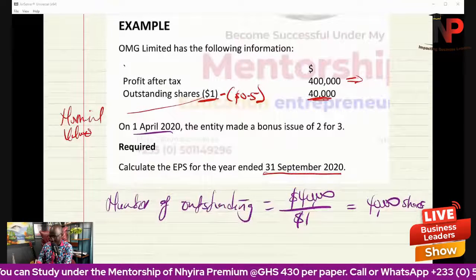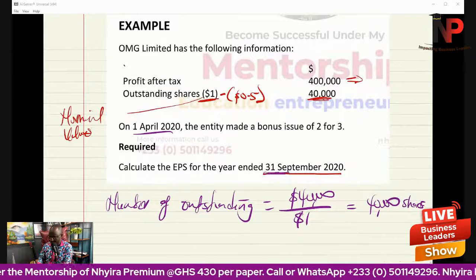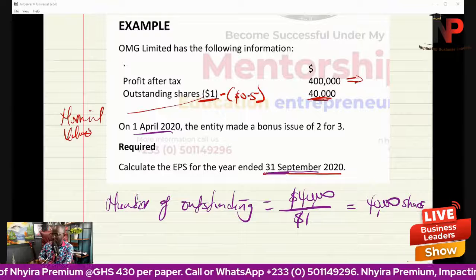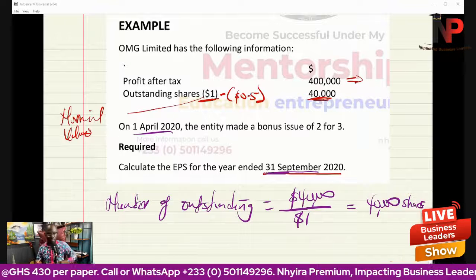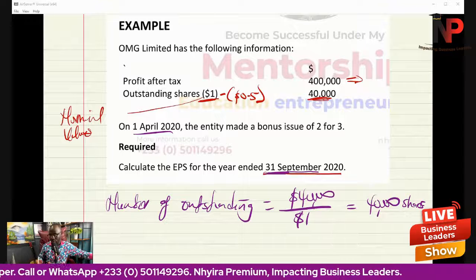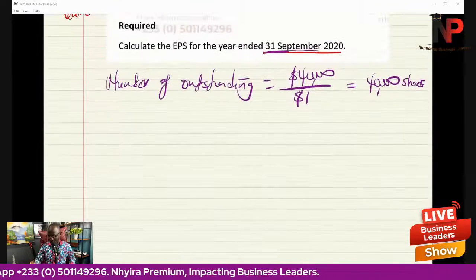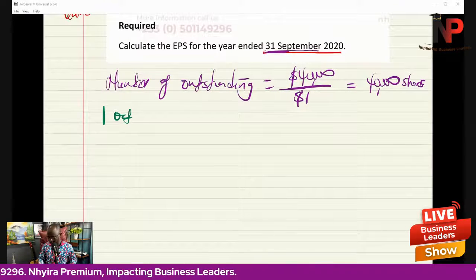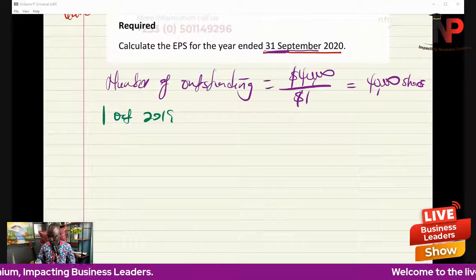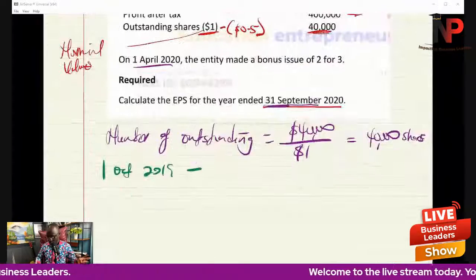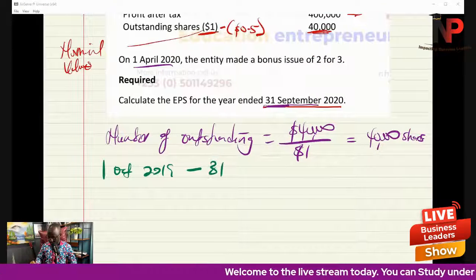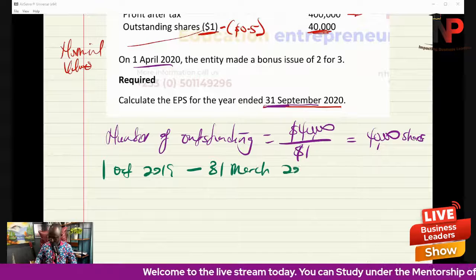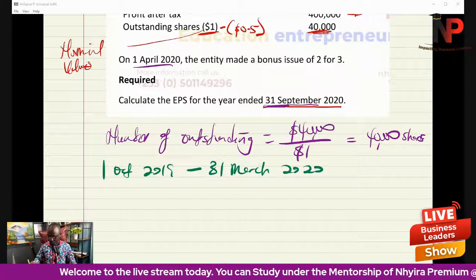Now, if the year is ending on 31st September, that means the year starts when? 1st October. So what are we going to have? On 1st October 2019 to 31st March 2020, that's going to be how many months?